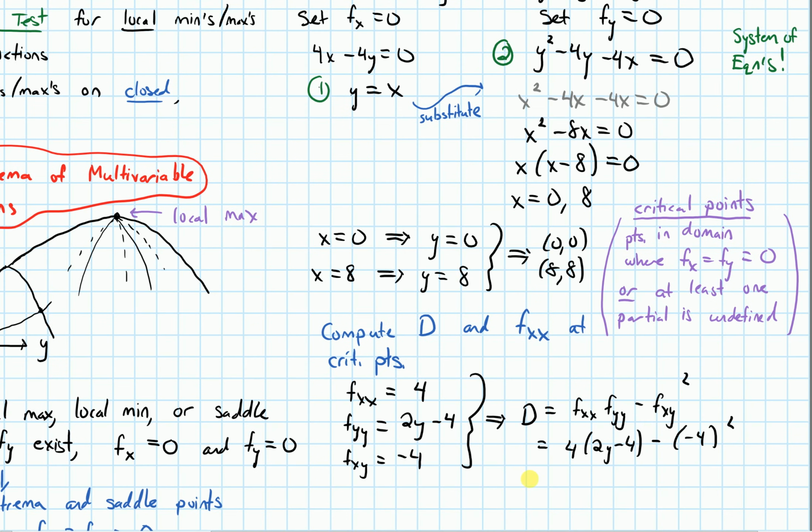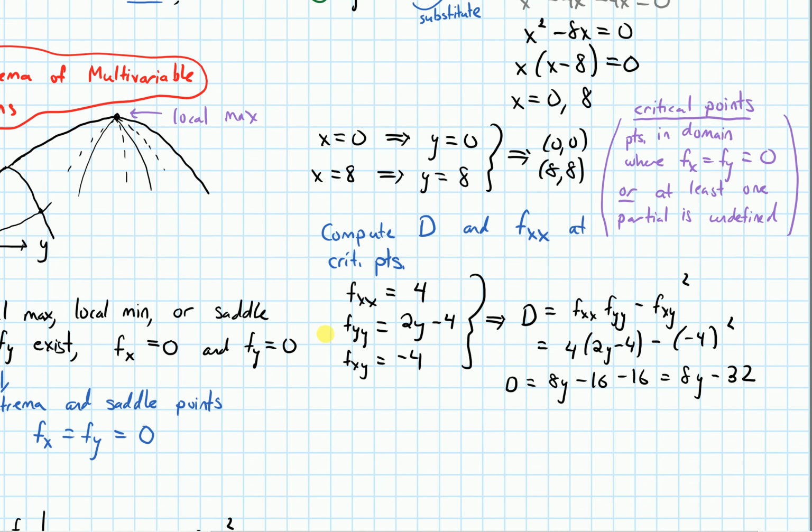Simplifying this, D equals, if I distribute the 4, 8y minus 16, and then another minus 16, so we have 8y minus 32. So that's D. That's our Hessian, this determinant.